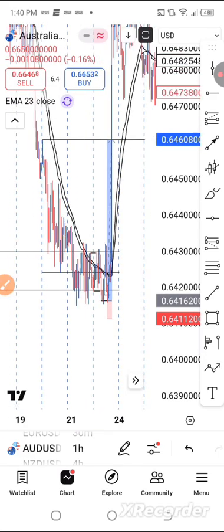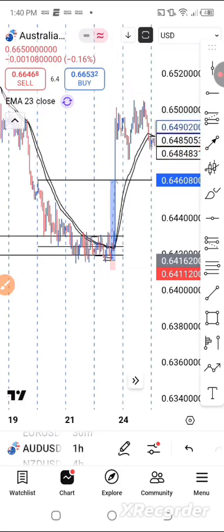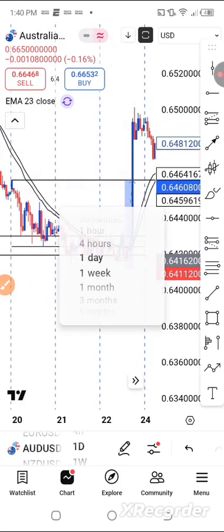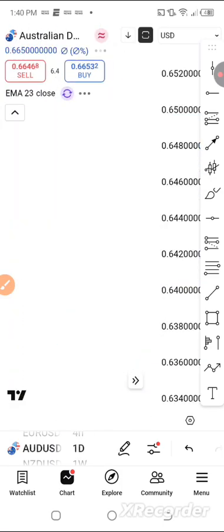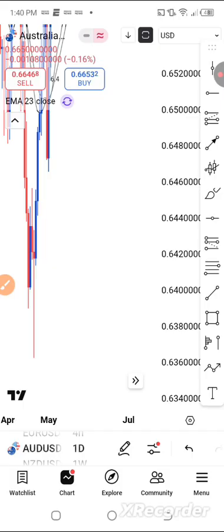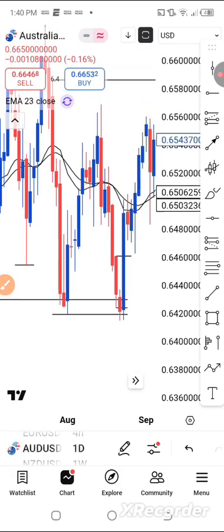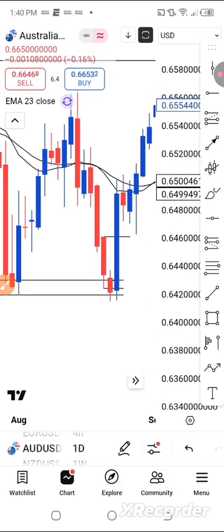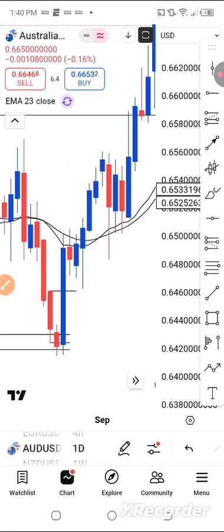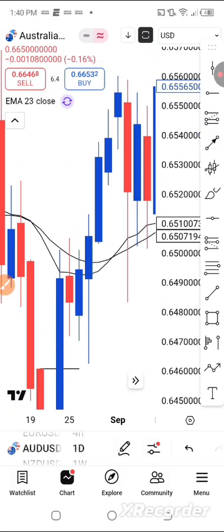Yeah, right. So this was the first trade we had following this CRT concept. So we're going back to the daily time frame to look for more CRT setups using that same daily analysis. Okay, so this was the first one. The second one was here.